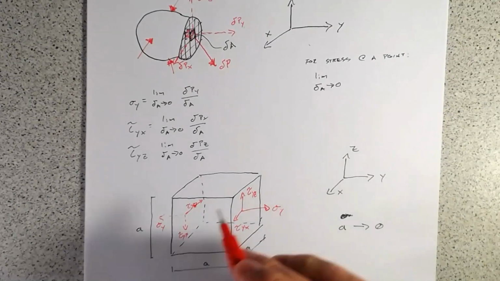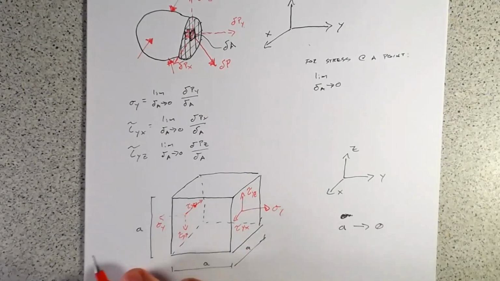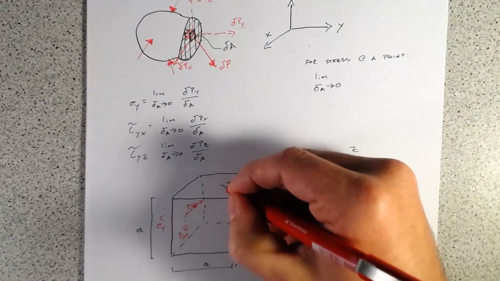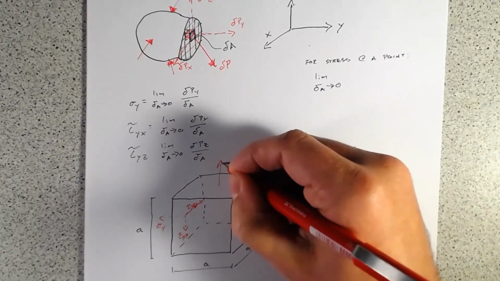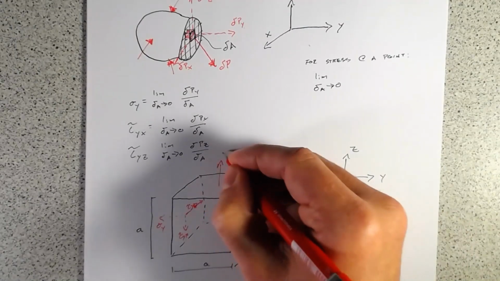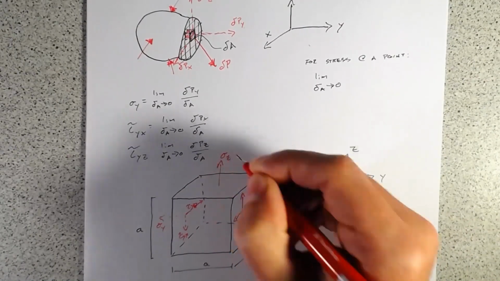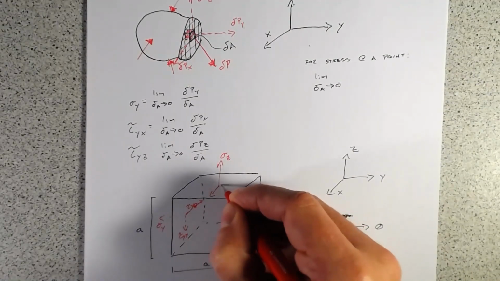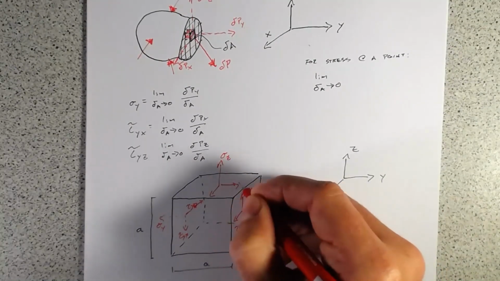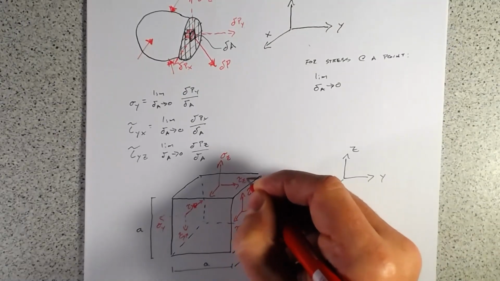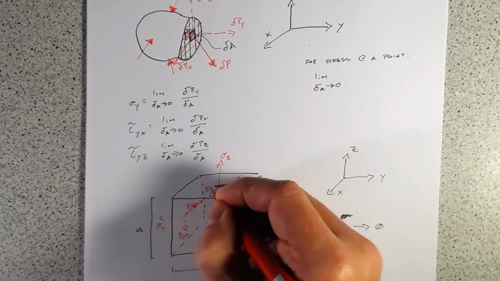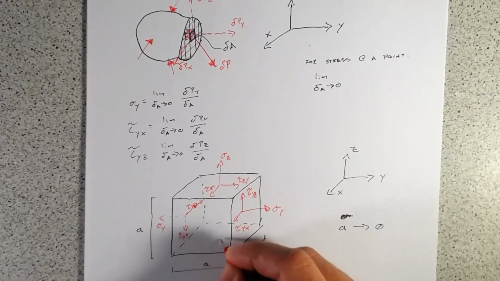And then we can work our way around the face, and if we take a cut here, we would find that you've got, again, a normal force pointing up, sigma z. And then you've got a shear force, both acting orthogonal. So tau zy, tau zx.